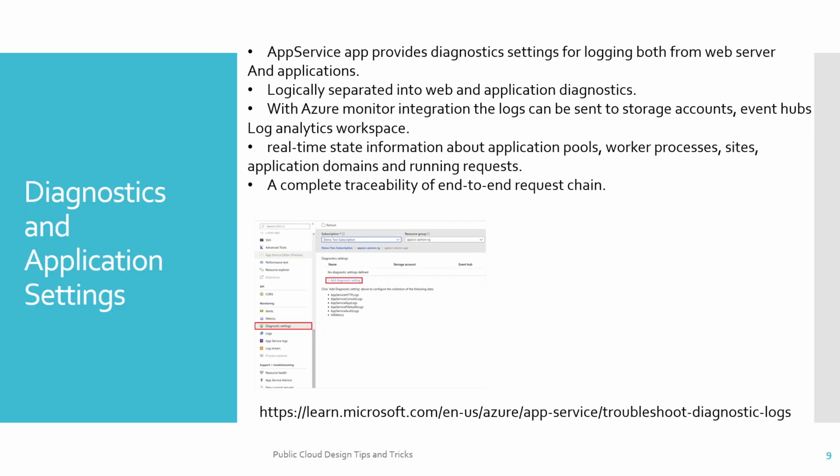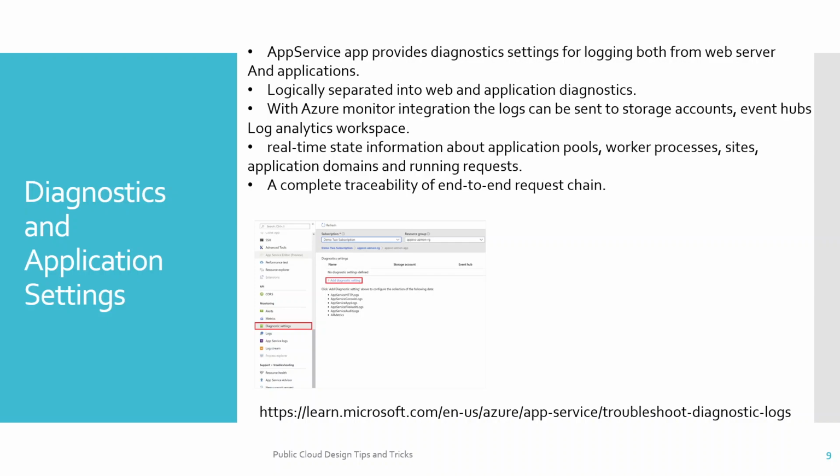Now coming to the fourth one, diagnostics and application settings. App Service provides diagnostic settings for logging from both web servers and applications, and logically it's separated into web server diagnostics and application diagnostics. With Azure Monitor integration, the logs can also be sent to other services for analytics or audit capability.